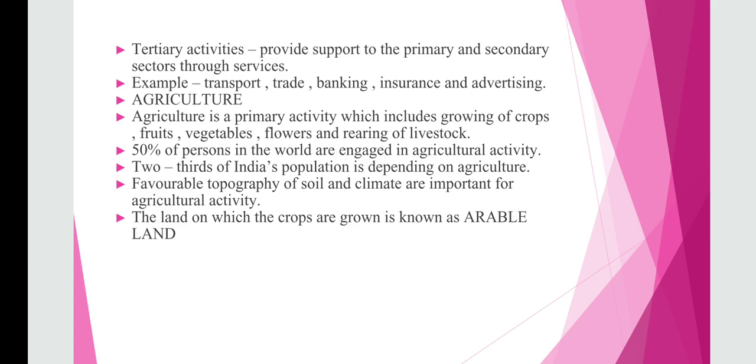Now if we have to do agricultural activity, we need certain things favorable. What are the things which favor agricultural activity? Naturally, we need soil, fertile soil to grow our crops, isn't it? We need plenty of water. We need sunlight. We have learned photosynthesis, hope so. Now, where do you find fertile soil? Can you find fertile soil on the mountain tops?